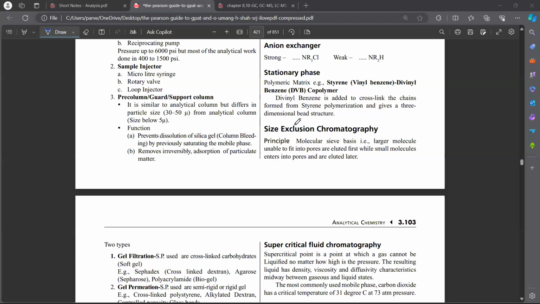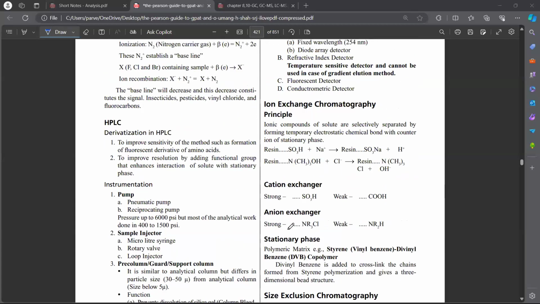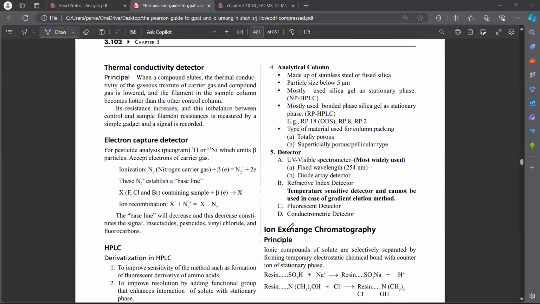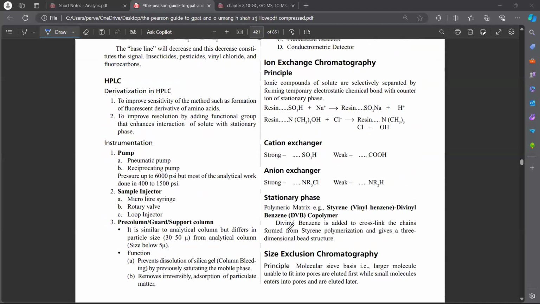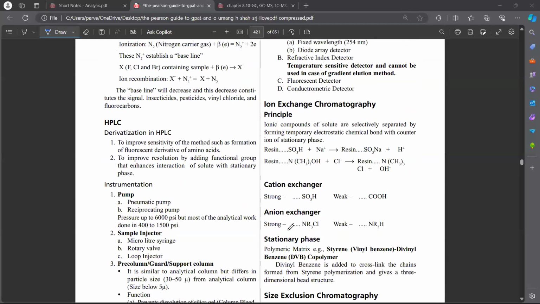The principle of separation in size exclusion chromatography is molecular weight and molecular size. What are the different stationary phases used in size exclusion chromatography, guys?